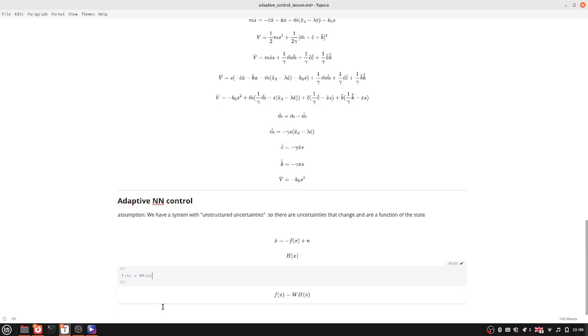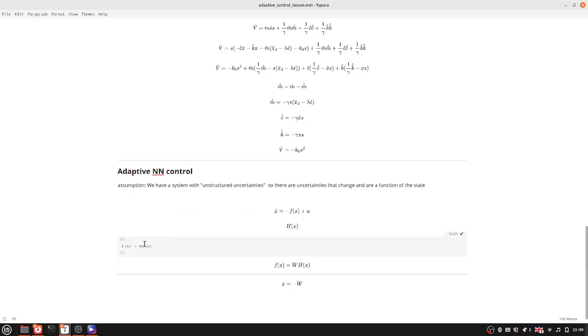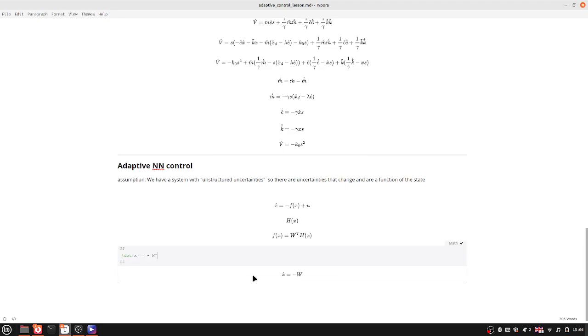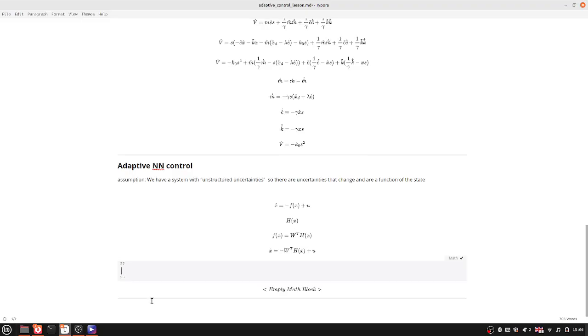And now what this lets us do is it lets us rewrite our x dot as minus w, and remember this is a column vector, so transpose to multiply it by the basis vectors, w transpose h of x plus u, like that.